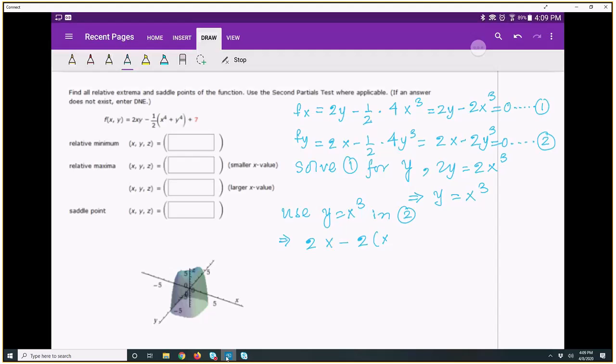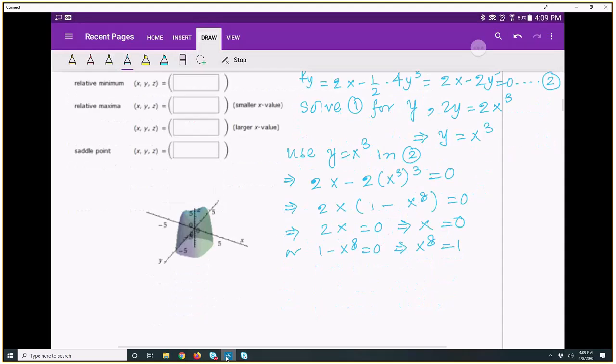So I get 2x minus 2 times x cubed to the power 3 equal to 0, which means if I factor out 2x, I get 1 minus x to the power 8. 3 to the power 3 is 9, and if you factor out one of these x's, you get x to the power 8. So that implies either 2x equal to 0, which means x is equal to 0, or 1 minus x to the power 8 equal to 0, which means x to the power 8 is equal to 1.